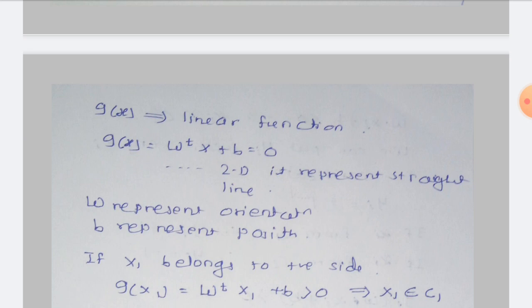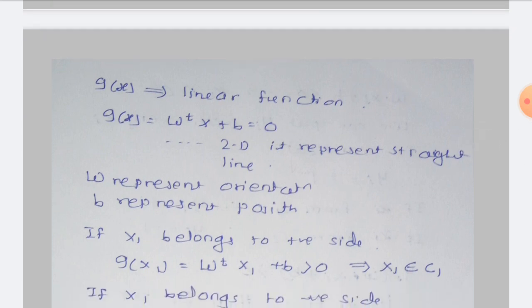Now in two-dimensional space, this equation represents a straight line. w^T x + b = 0 in a three-dimensional space represents a plane. w represents the orientation and b represents the position.